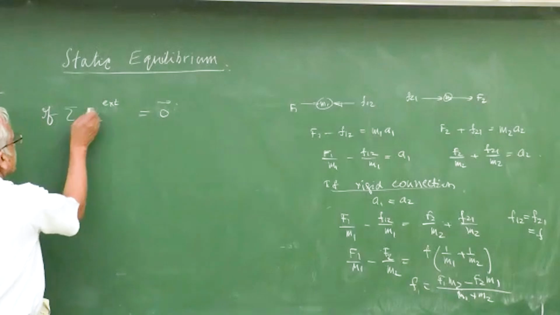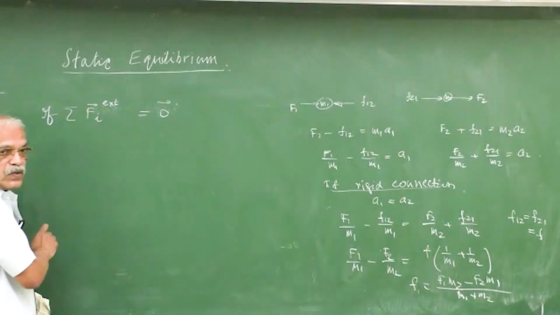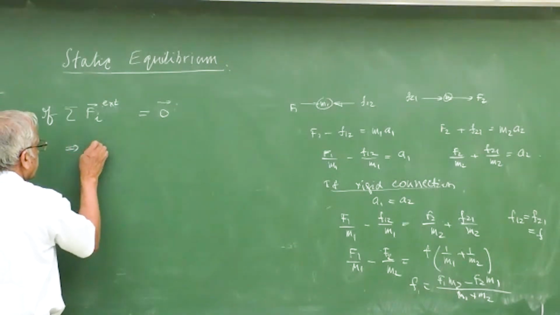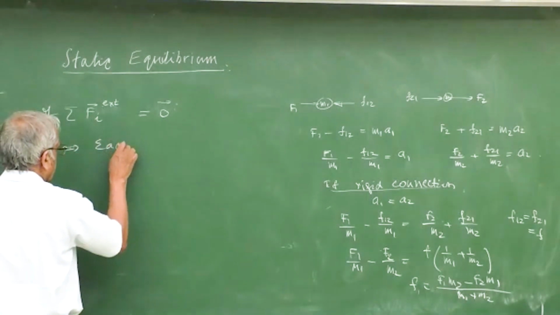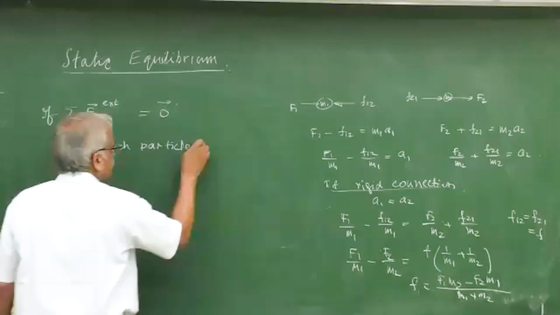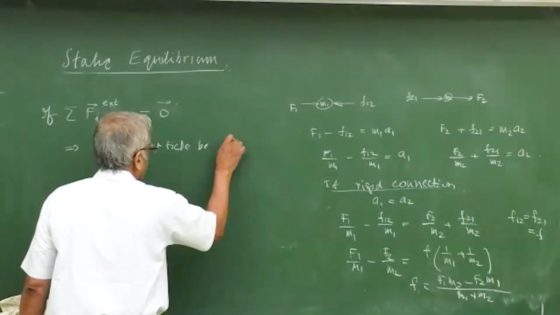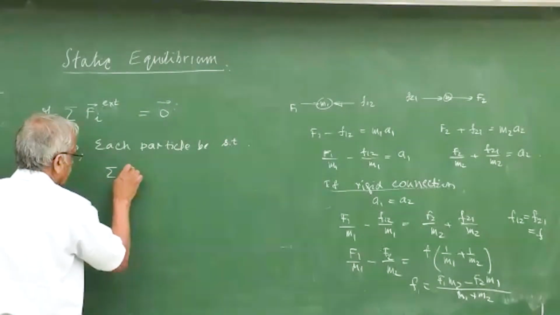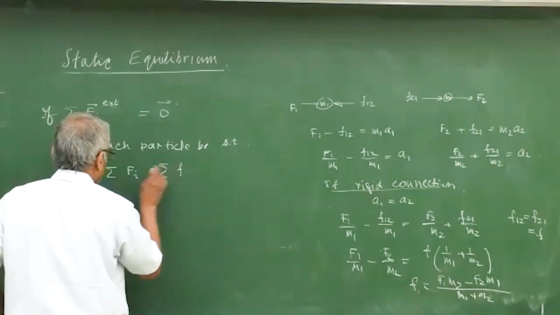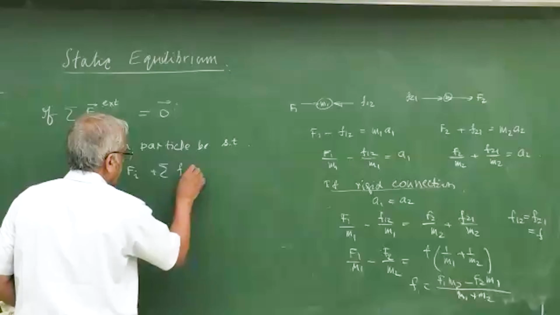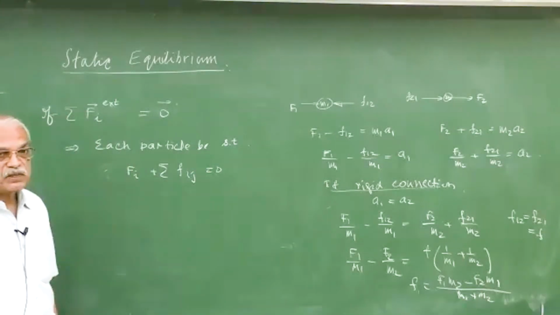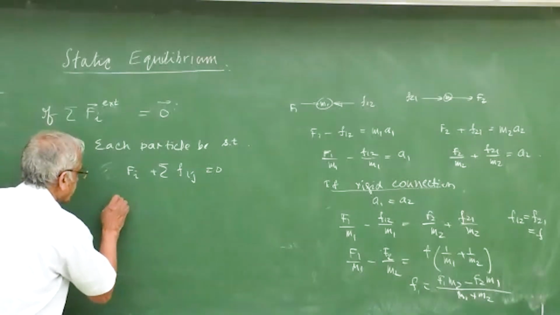So if this is 0, then each particle will be under equilibrium, such that sigma Fi equals 0. The internal forces are such that each particle will be under equilibrium.